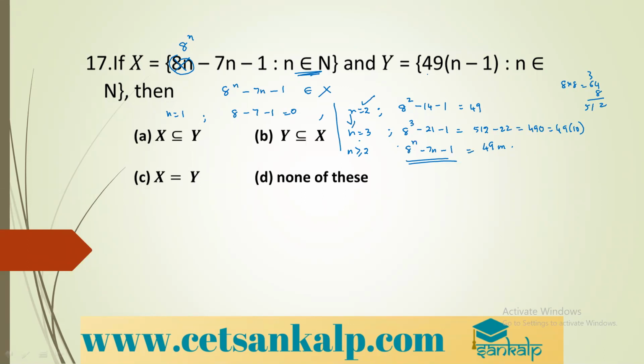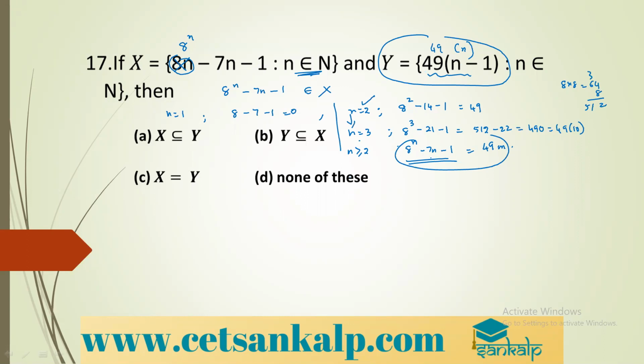And in set Y also, you can see you have 49 multiplied by some number n. That means in set Y also, multiples of 49 are there. In set X, multiples of 49.